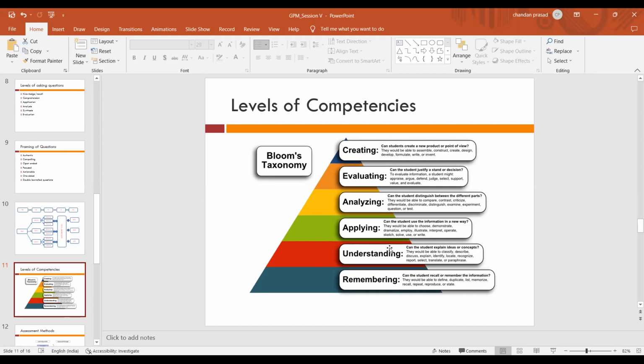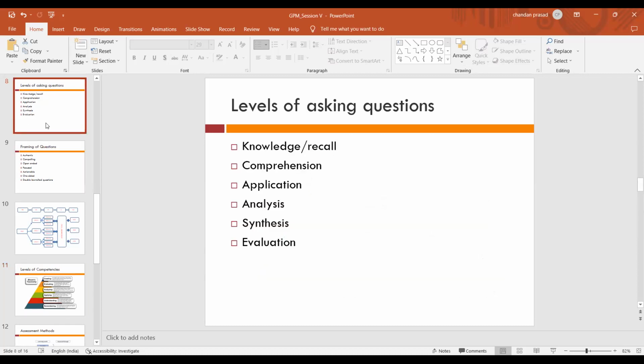Synthesis. Here we ask the students to produce certain original ideas to solve problems. Here we try to assess the student's originality in thinking or creating. Evaluation, the higher order skill.